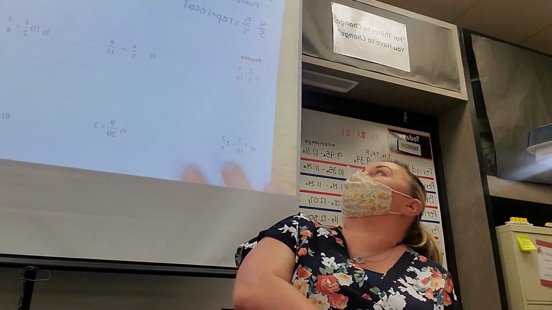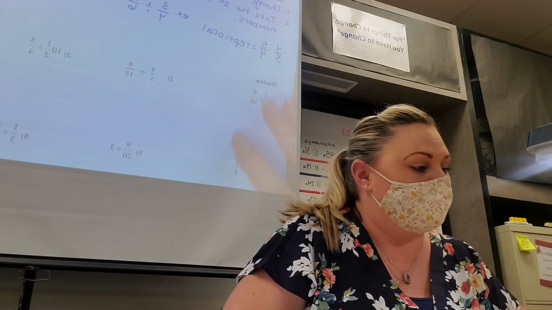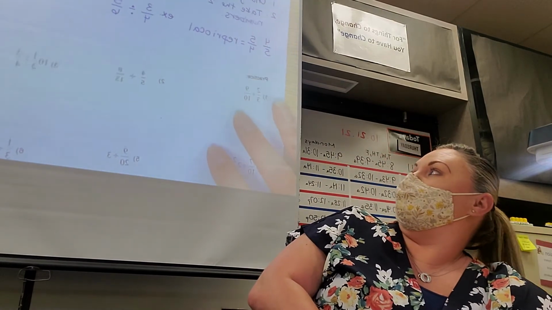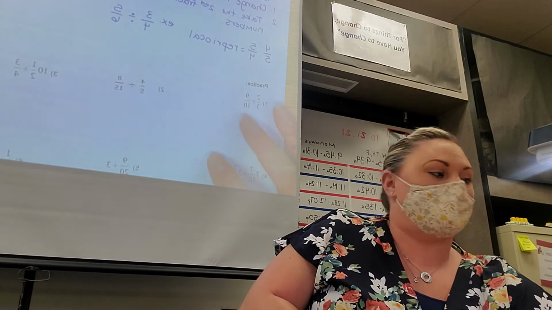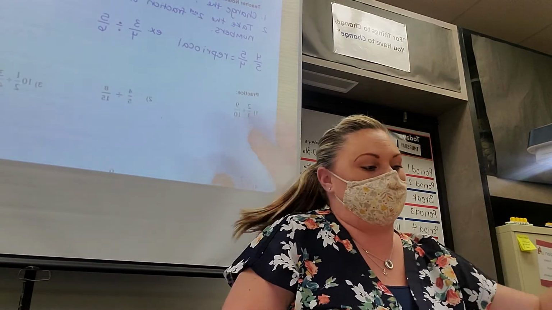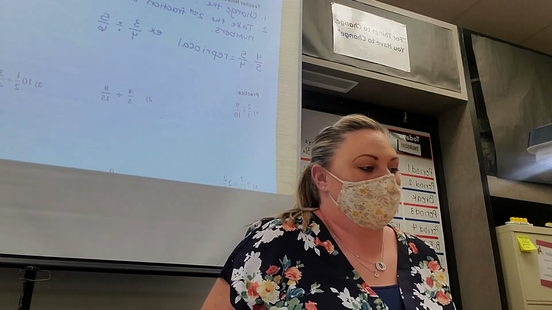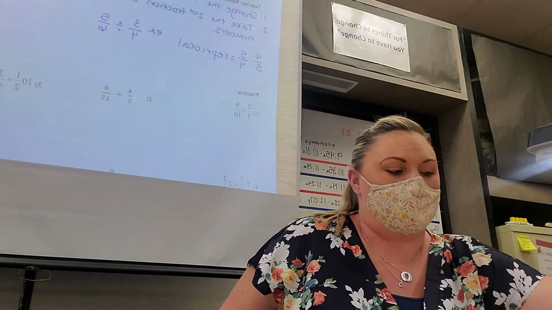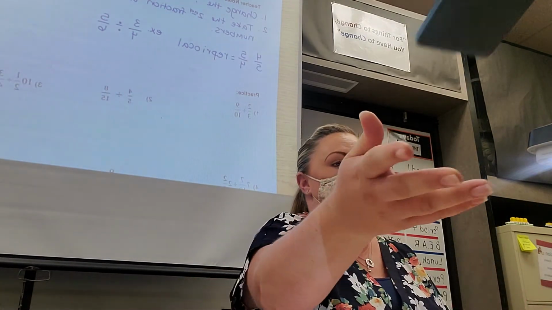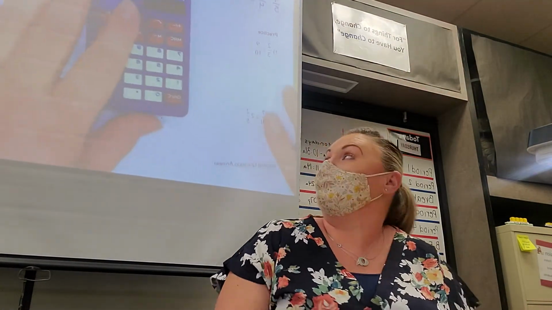Sorry, I switched my seat. Let me see if I can zoom out. Okay, what do you want us to type in? Miss Brittany, can you grab me one also so I can kind of show them up here? Okay, you guys see my calculator up here?